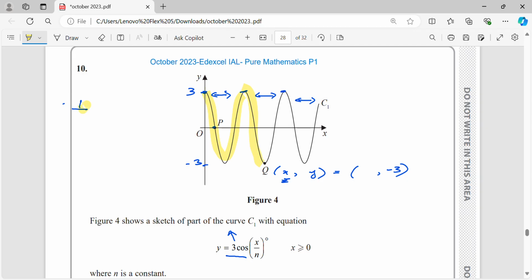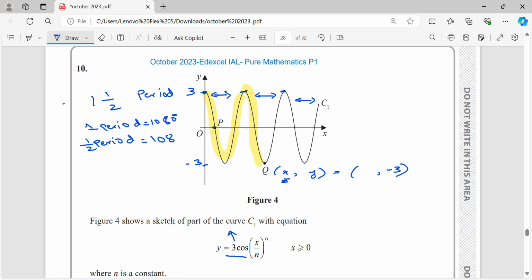1.5 periods here to get to know what is Q. One period, we know, is 1080 degrees, and half period would be, I'll divide it by 2.